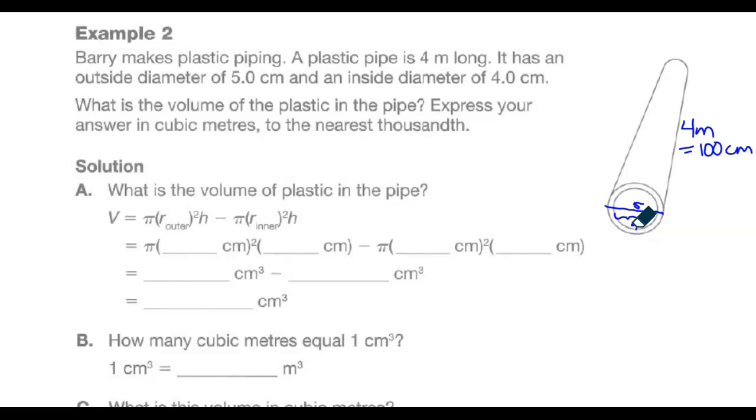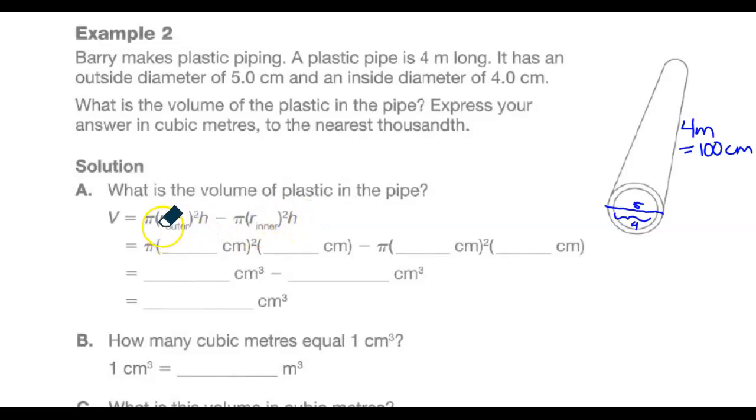Basically, this is a big cylinder where a smaller cylinder is drilled out, if you think about it that way. That's the way we'll think about it in order to calculate the amount of plastic. So we need to take the volume of the whole thing and subtract the volume of the cylinder inside.